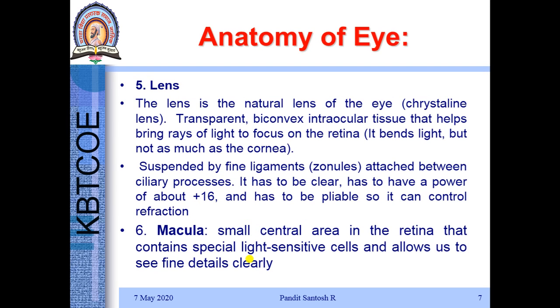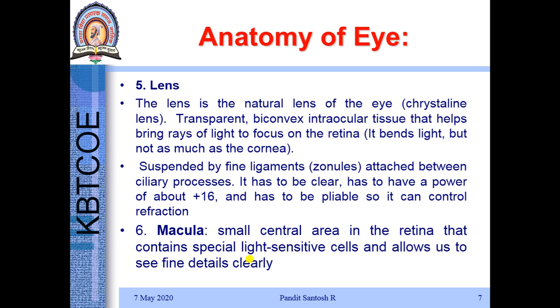Next is the lens. It's the natural lens of the eye, a transparent biconvex tissue that converges the light rays and makes them fall on the retina.